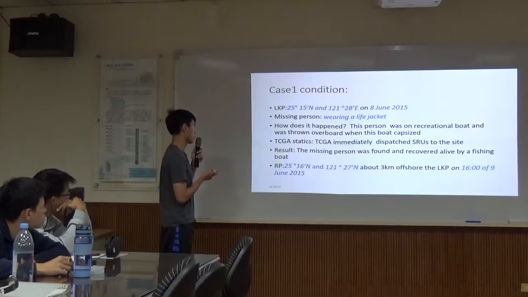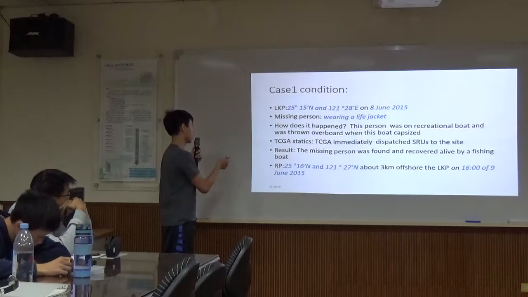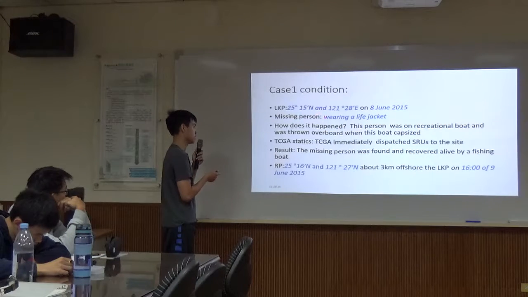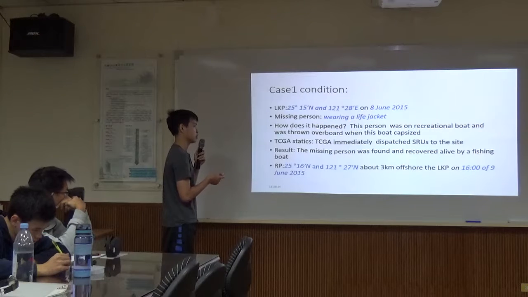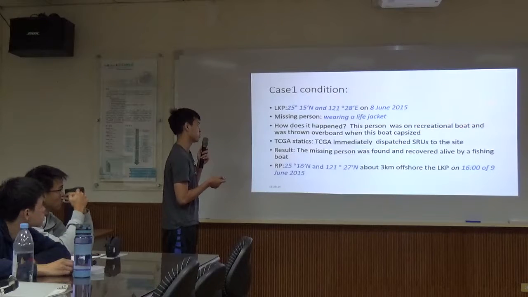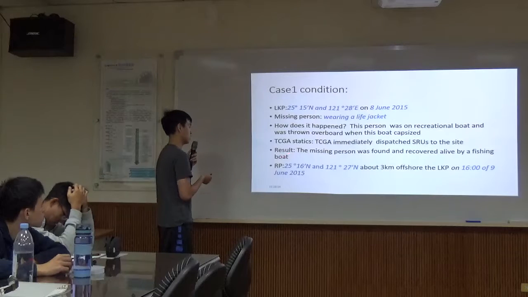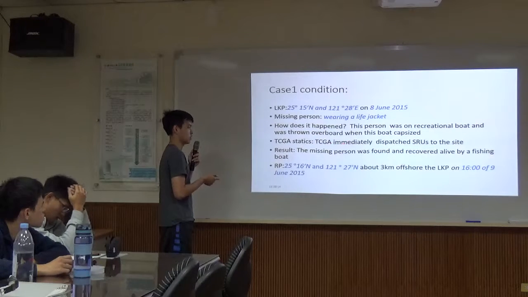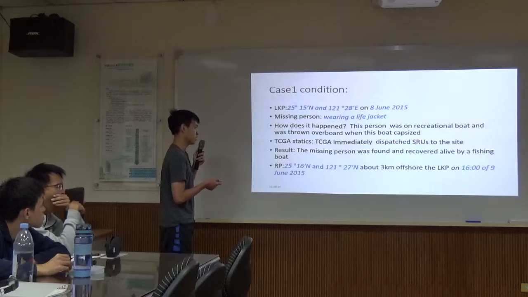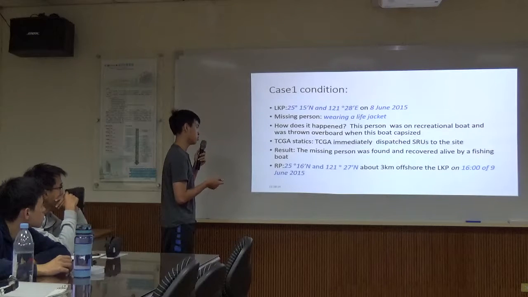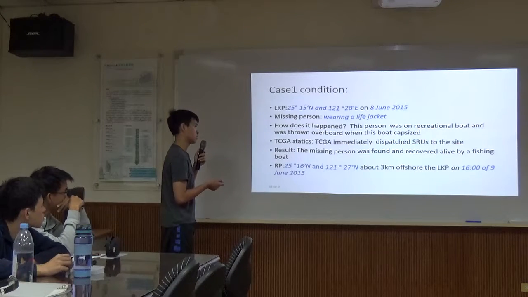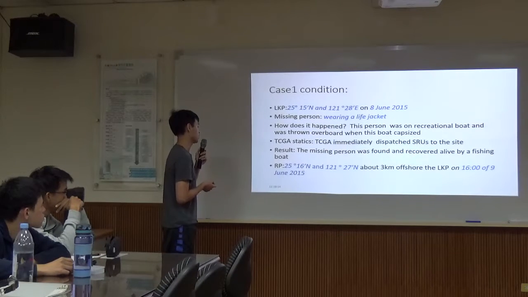Case 1 condition: this is the location and the time. And the missing person was luckily wearing a life jacket. The person was on a recreational boat and was thrown overboard when the boat capsized. And the TCGA dispatched SRUs, search and rescue units, to the site. And the missing person was found and recovered alive by a fishing boat.